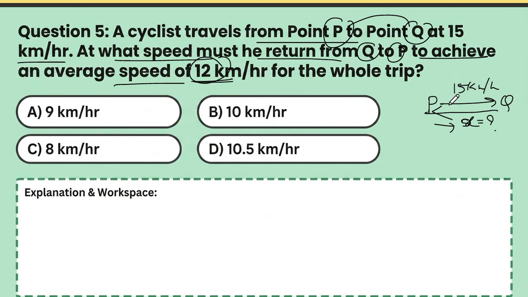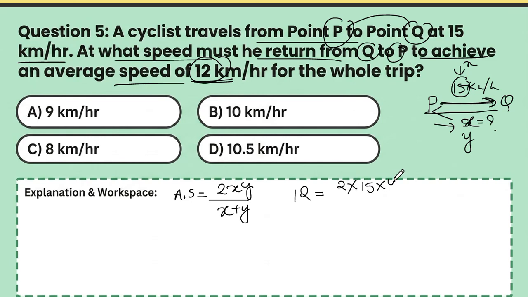So in this question you can see that the distance is equal, P to Q and Q to P. So which formula will we apply here? Average speed is equal to 2xy upon (x plus y). The first speed is given, let's say that is x, and the second speed, let's say y, we have to find out. Average speed is given as 12, so 12 is equal to 2 multiplied by x, which is 15, into y, upon x plus y, so 15 plus y.